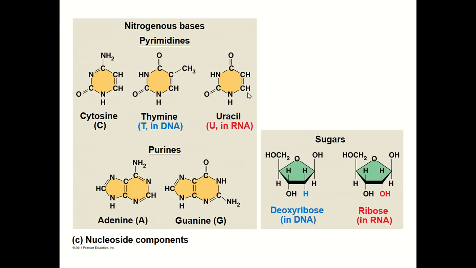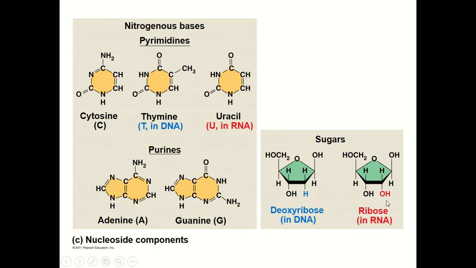Okay, this one is pyrimidine. And this one is the sugar. In nitrogenous bases, we have cytosine, thymine, uracil, guanine, and adenine. Meanwhile, for sugar, we have two types of pentose sugar that are involved in nucleotides. For DNA, we have deoxyribose sugar.